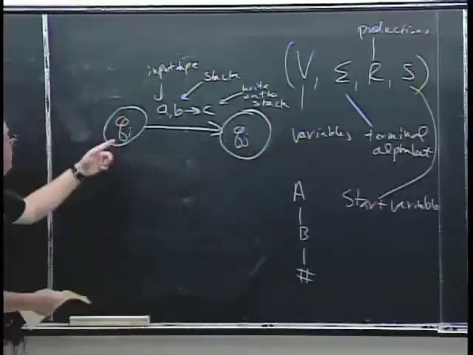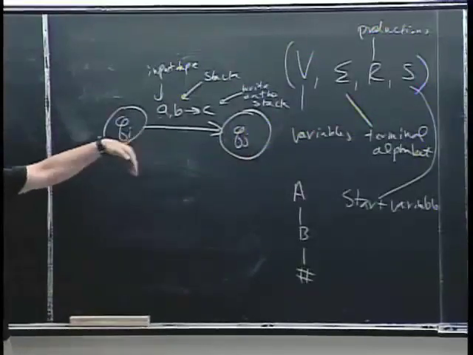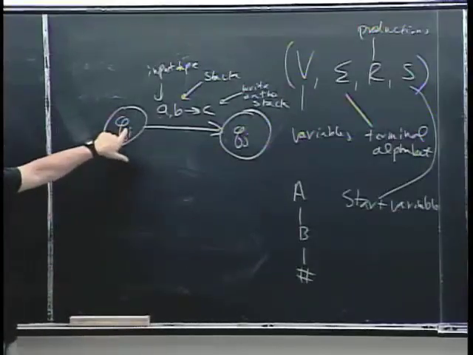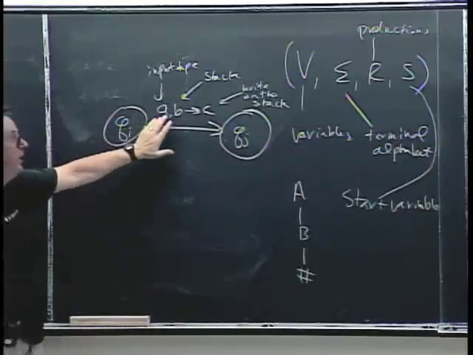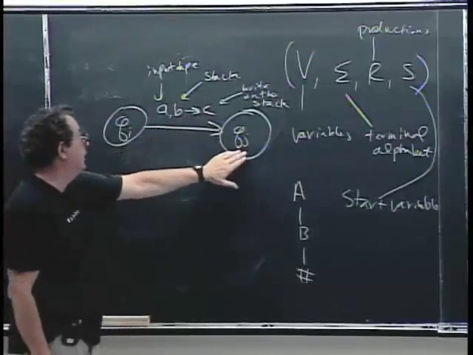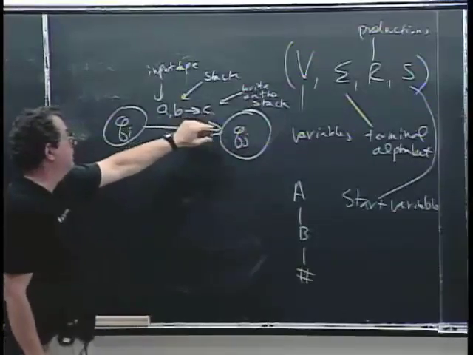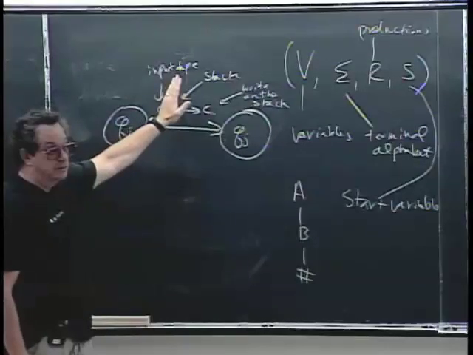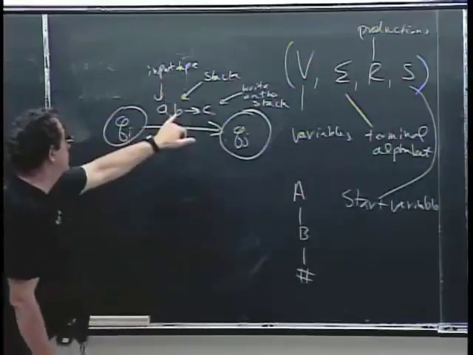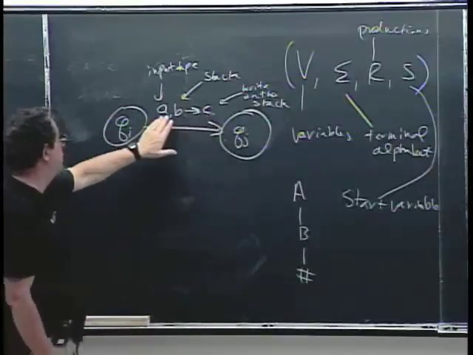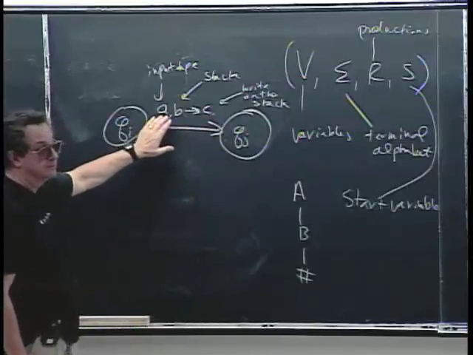So this specifies a transition. According to our transition rules, it says if we're in state Qi, and you see an A on the input tape, and you see a B on the stack, then you move to Qj, and you write a C on the stack. Remember that when you read a B, you're also popping it. So the top of the stack changes from a B to a C. Okay? And you've consumed the A, which is part of the input.